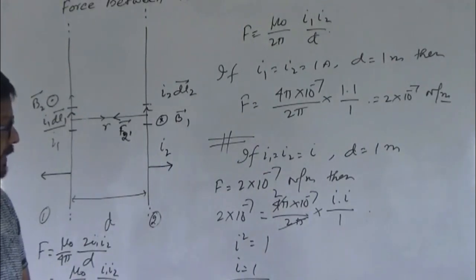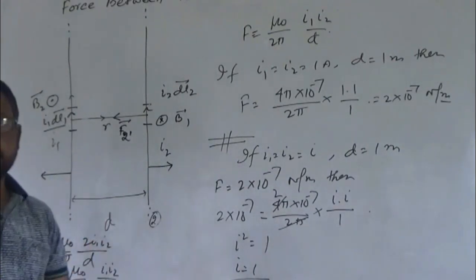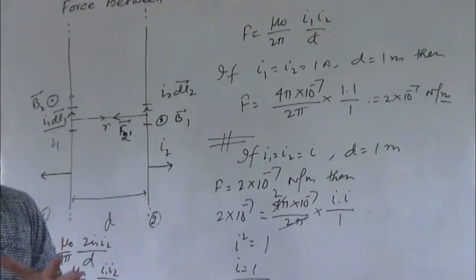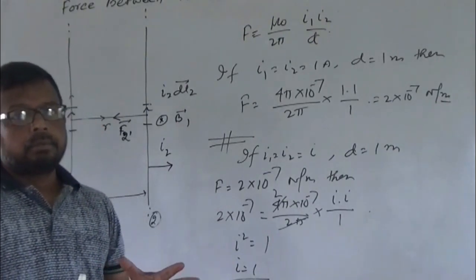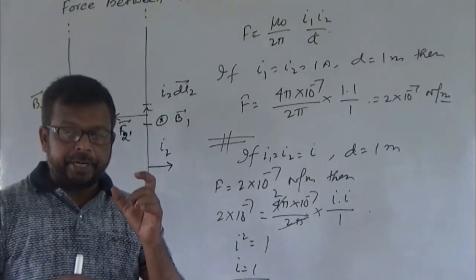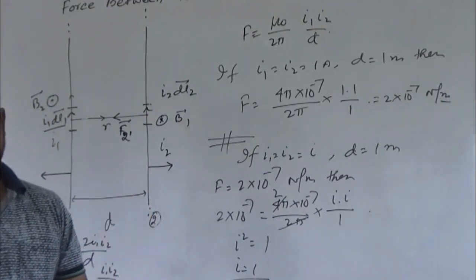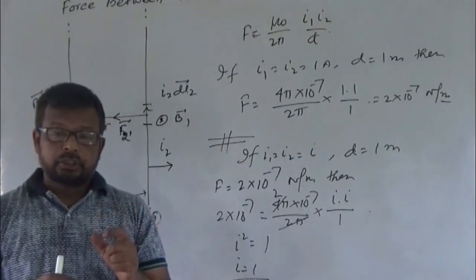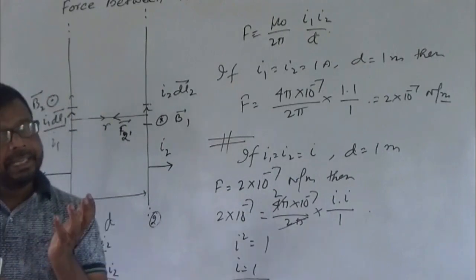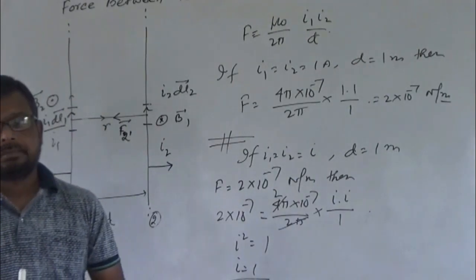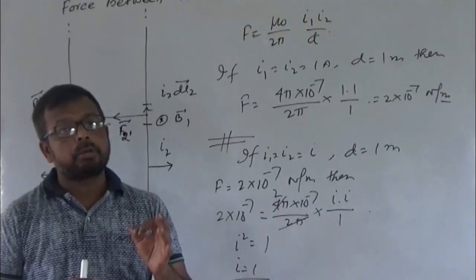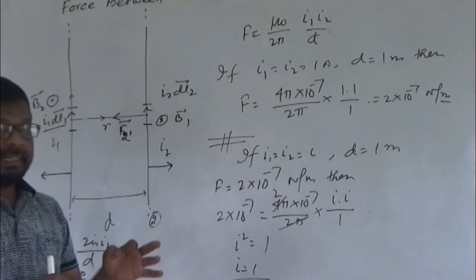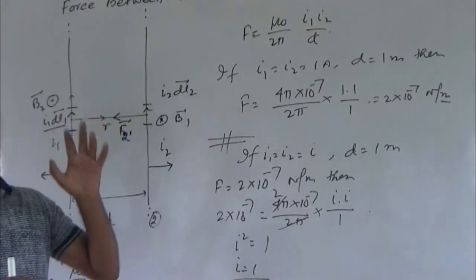What is the definition? If two very long straight parallel conductors separated by 1 meter in vacuum carry the same amount of current and experience a force equal to 2 into 10 to the minus 7 newton per meter, then the current in each conductor is 1 ampere.